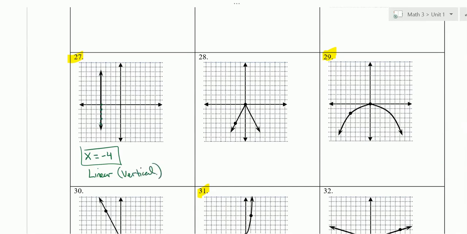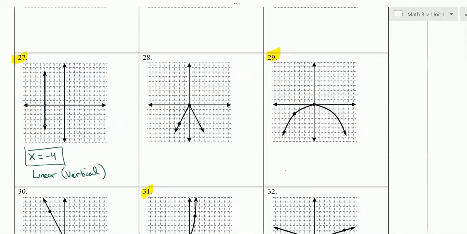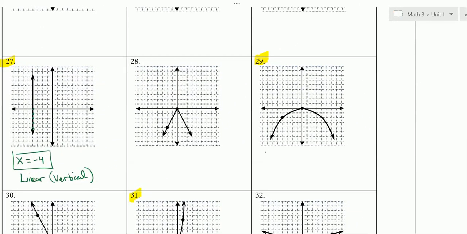Okay. 29 I want to do with you. 29 is quadratic. If you look at 28, 28 is absolute value because you have that sharp V, that pointy part, right? Where here 29 is more rounded, and so that's how I know it's quadratic.